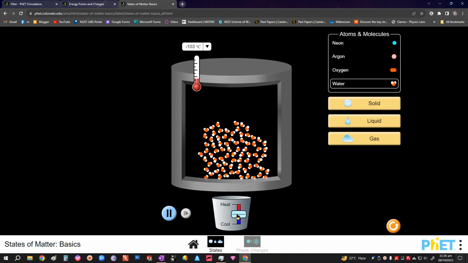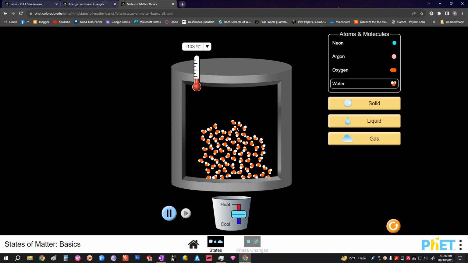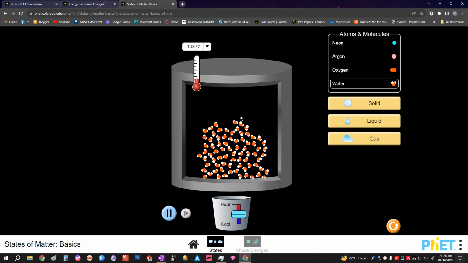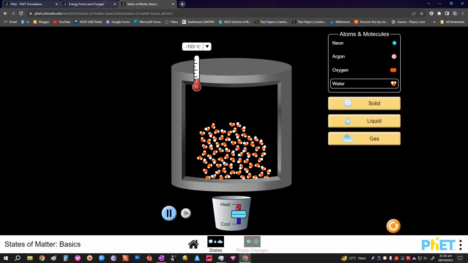And currently I'm not at the melting point. This is ice actually. Why are these particles stuck to each other? They're not able to swap places. You can see this particle is moving around, the one I'm trying to chase, but they're still not able to swap places. And that's what we discussed in liquids, that they're able to swap places.